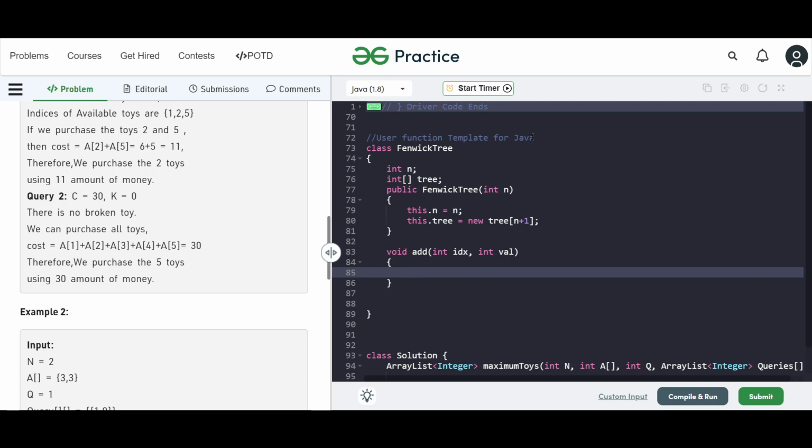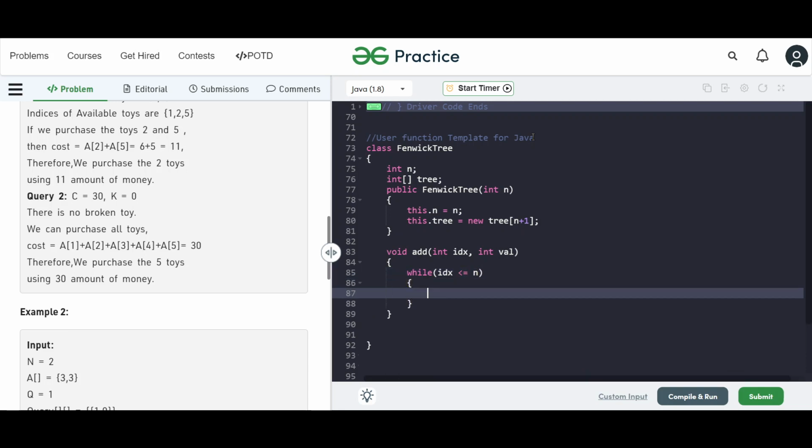And so what that would mean is we have to update all the indexes which are responsible for this given index, right? So while index is less than equals to n, well, first we'll obviously add the value at this index. And obviously I have not gone through how the Fenwick tree is implemented actually. I'm presuming that is something you would go through, but I'm just writing the code based on my understanding of it.